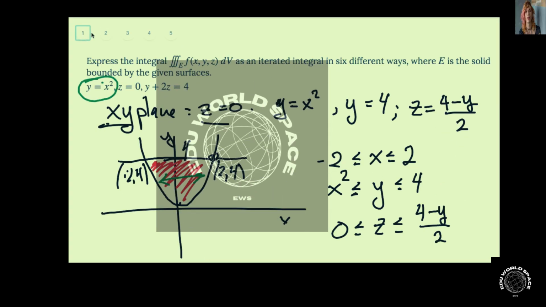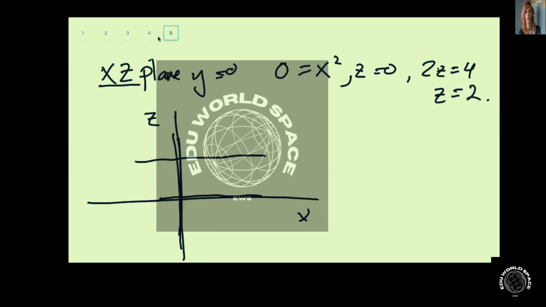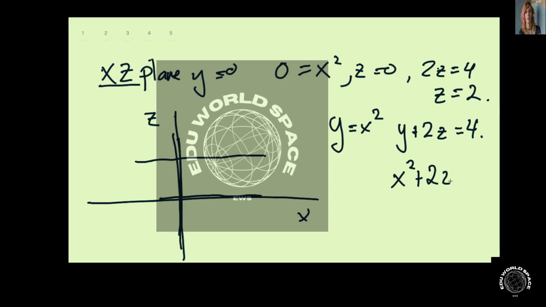Just make sure I'm doing this right. Okay, so how else can we write this, right? Because this isn't really giving us anything bounded. Well, we know that y is equal to x squared, and we know y plus 2z is equal to 4. So we could also write x squared plus 2z is equal to 4.